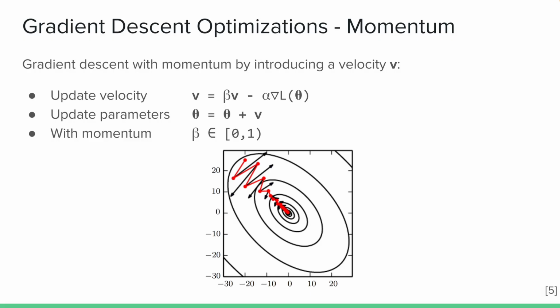So we update our velocity here, which is how fast we're moving, and then our parameter updates include this velocity parameter that helps us. It's also called Nesterov momentum, and it's typically what you should use with vanilla gradient descent optimization.